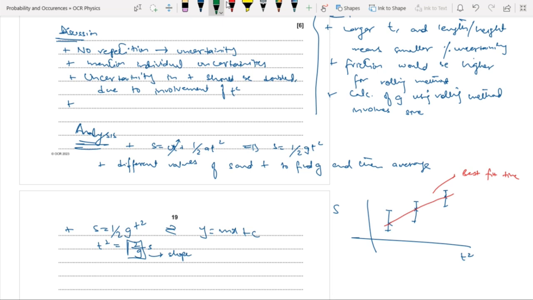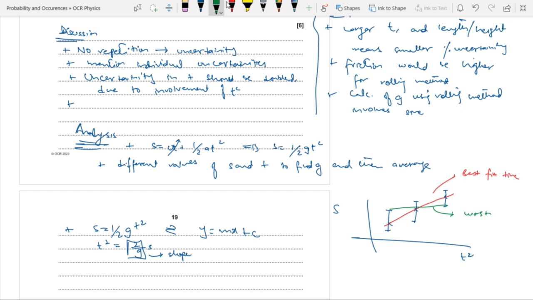You can choose a bottom value of one end and the top value of the other end, and the other way around, for example, or this. Obviously, this might not look as bad as this. The gap between the worst fit and the best fit line is too high, but it is just an indicator of how the student should go on to find the percentage uncertainty.